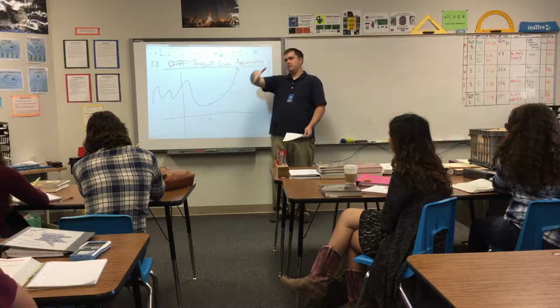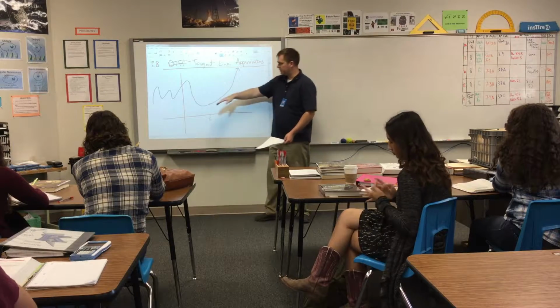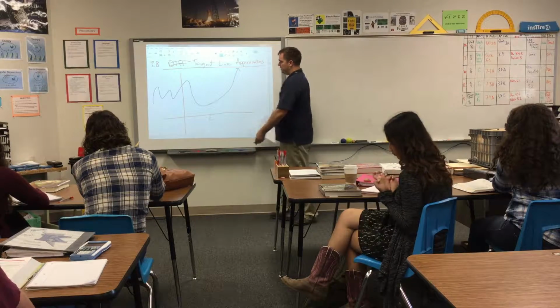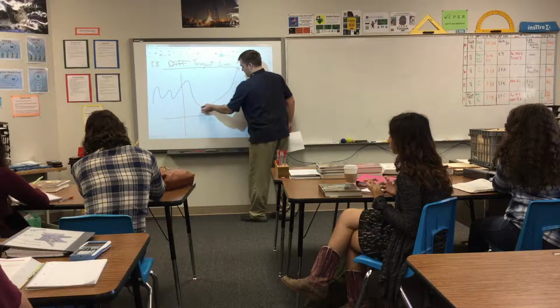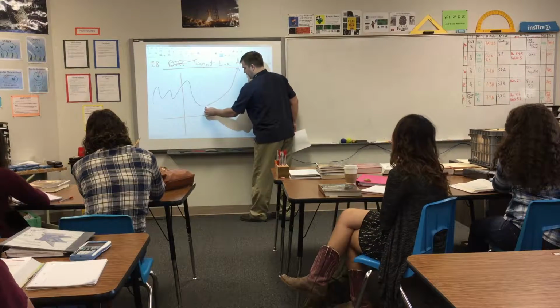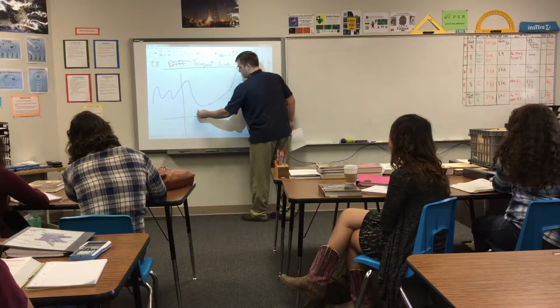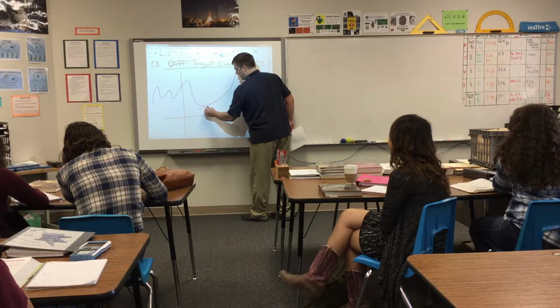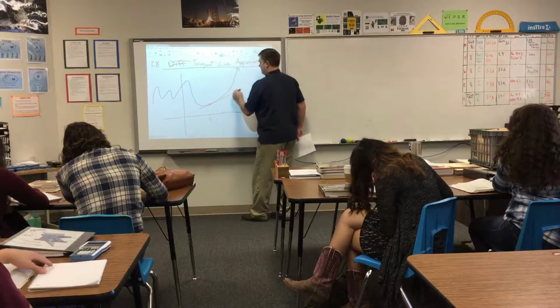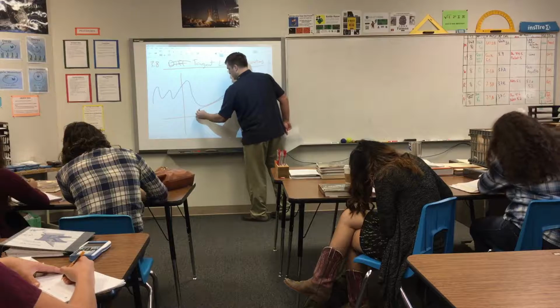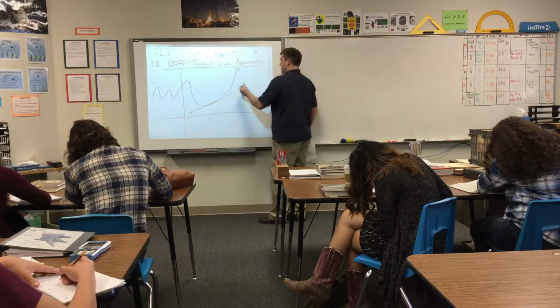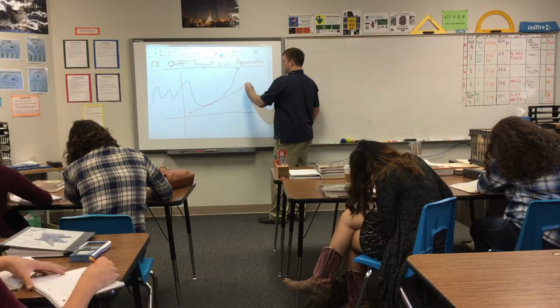If we zoomed out, we'd see the curve, but if we zoomed in close enough, it would really look like a straight line. And we can draw a tangent line that's going to come along like that. There, so here's our tangent line.